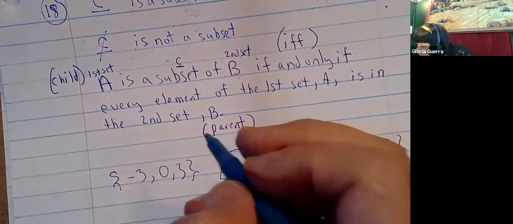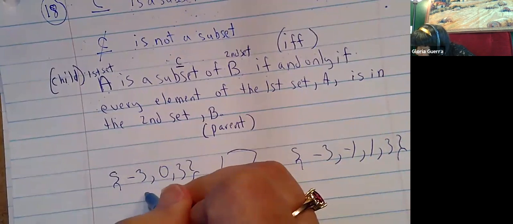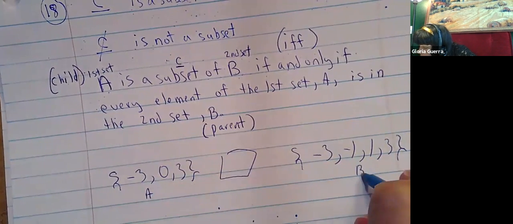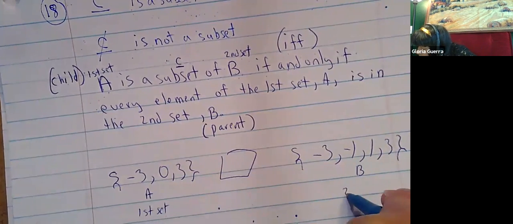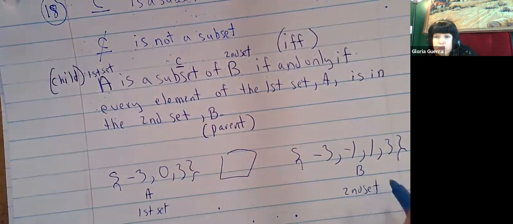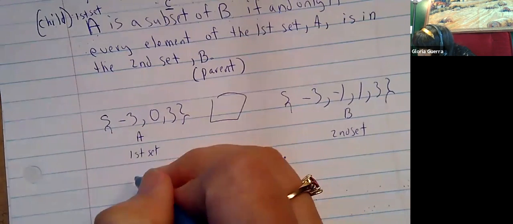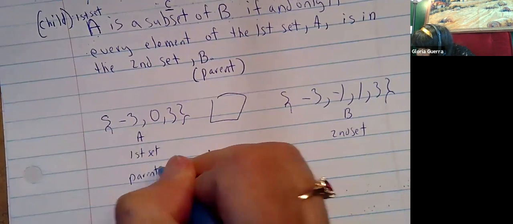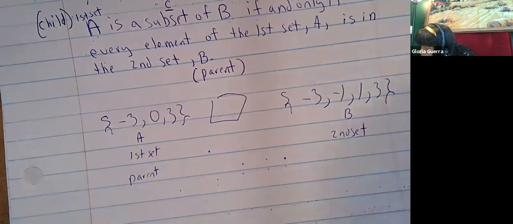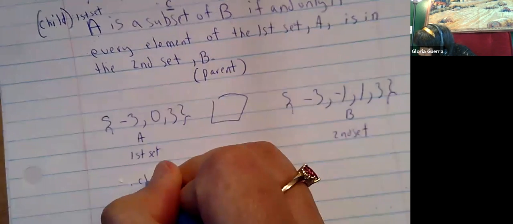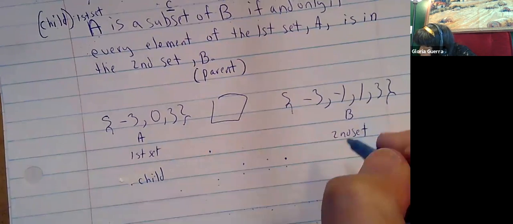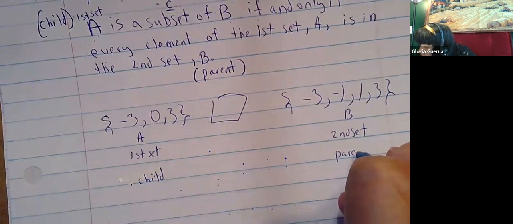Okay, so they didn't name it, but you could call this A and you call this B, or you could say this is the first set, this is the second set. This is the child set, where this is the parent. So that's what I was using earlier.